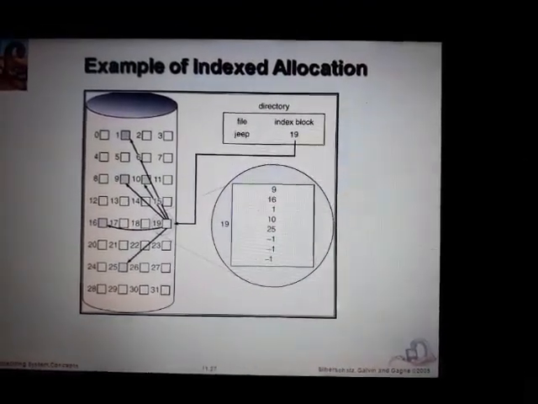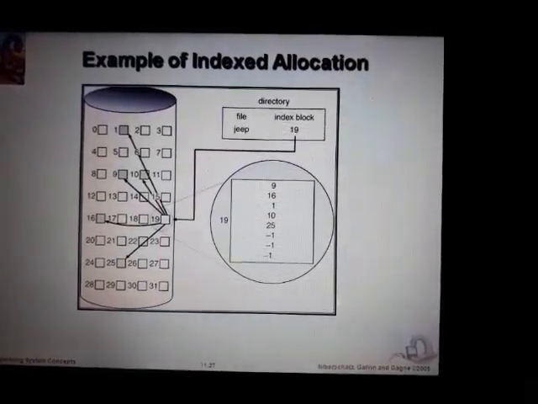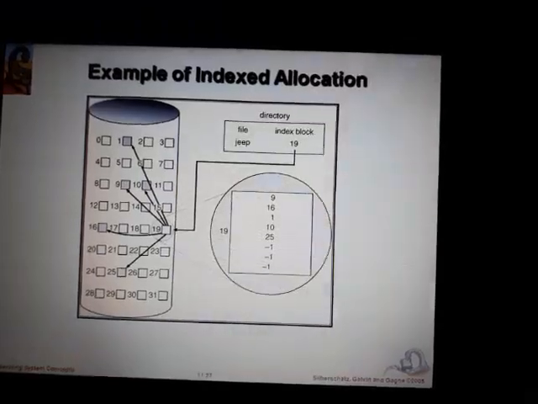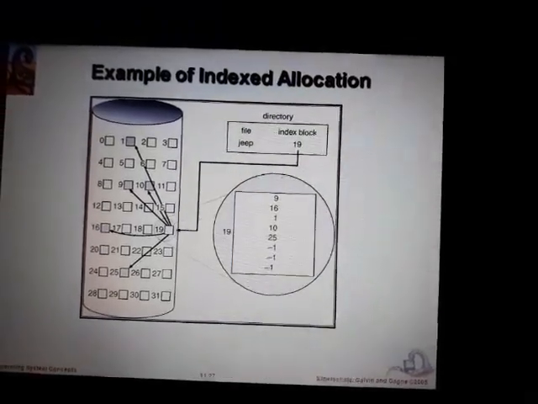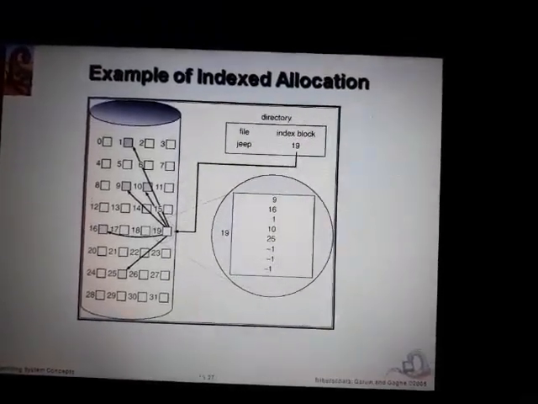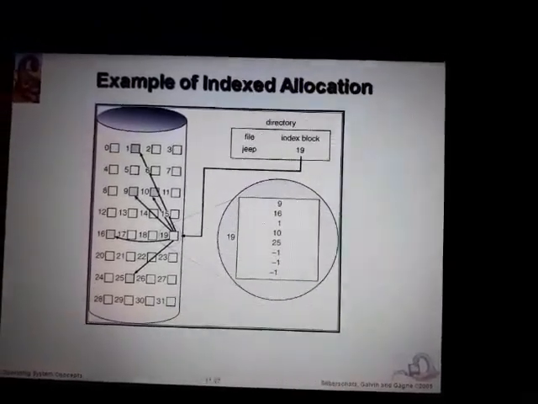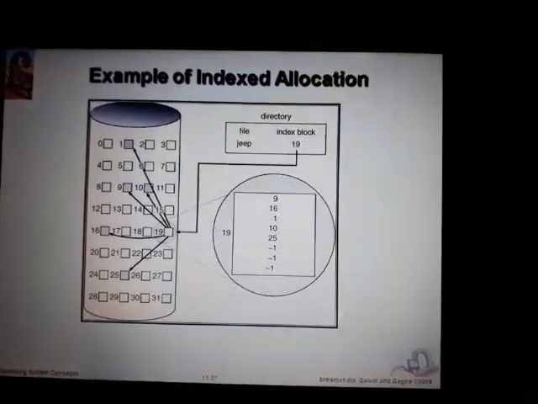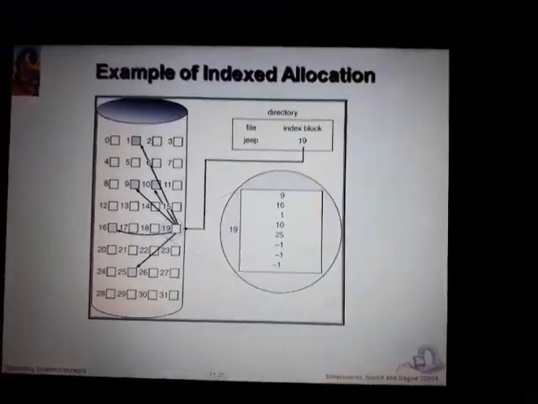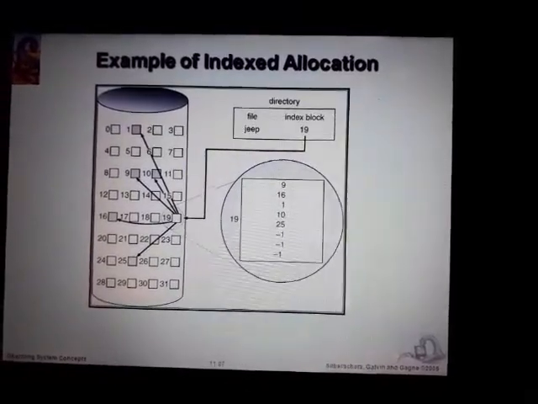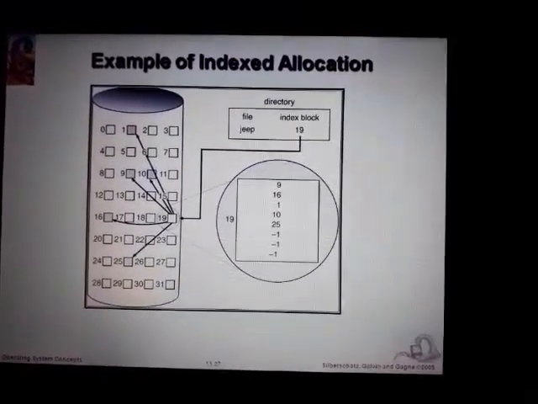So if you want to go to block 1, you have to pass 15 and 6. Then if you want to move directly to 25, you can directly pass block 22 and 25.